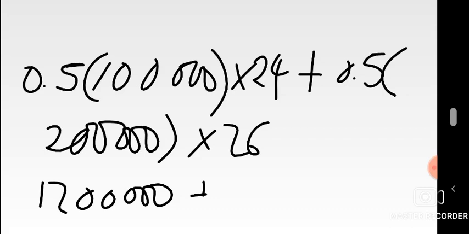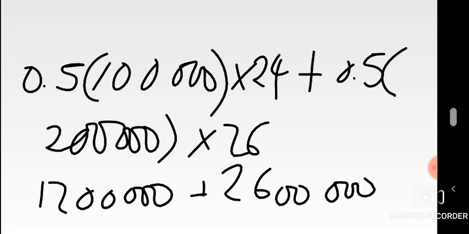That's 26 this side. What are we getting? 3,800,000. That's without learning.